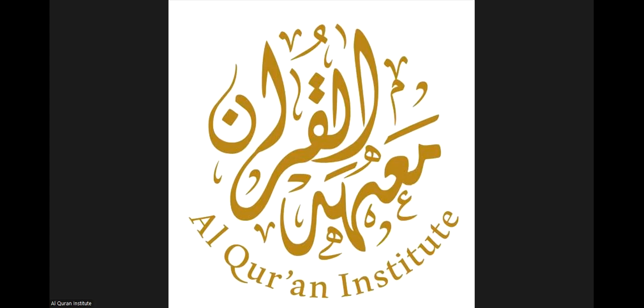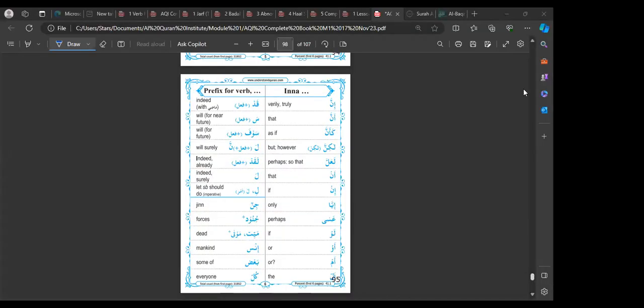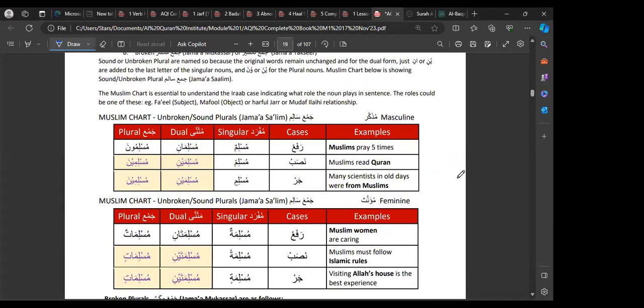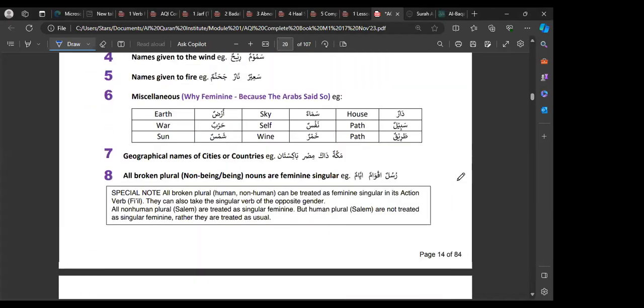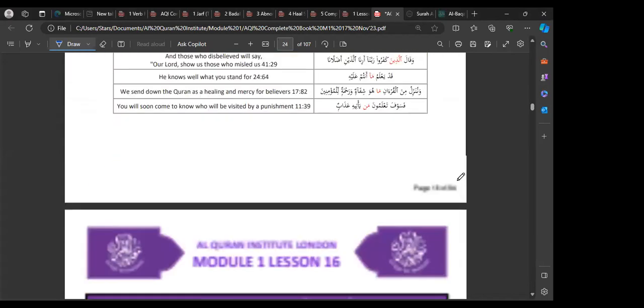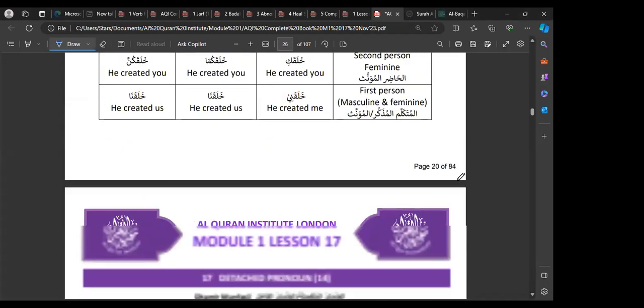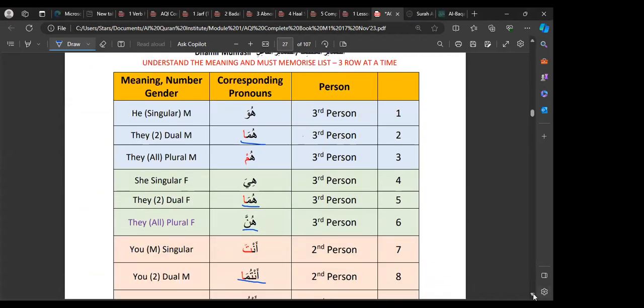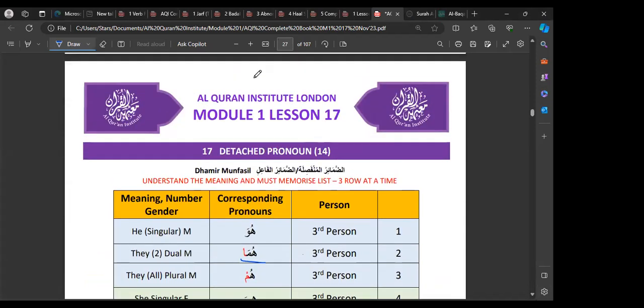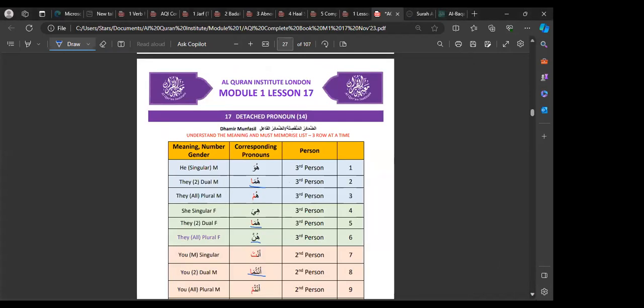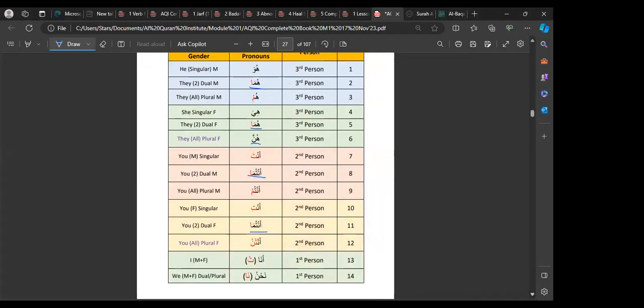We have covered detached pronouns, which is huwa, humma, hum, hiya, humma, hunna. We've covered detached pronouns, and we've covered the signs of verbs, nouns, and harfs, particles. Okay, your homework from today is to again memorize huwa, humma, hum, hiya, humma, hunna.